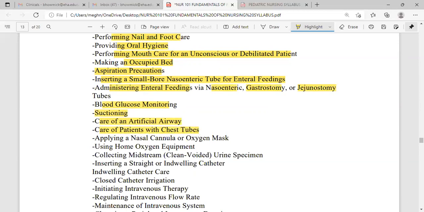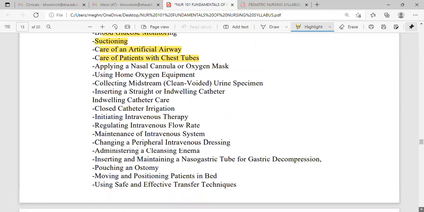So it is the keynote or keyword every student must know, because some students do not know what they should know, right? Applying the nasal cannula and oxygen masks using oxygen equipment and collecting the midstream urine specimen.